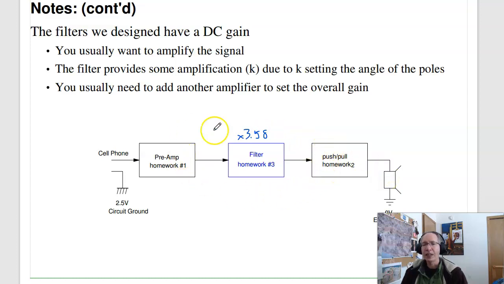I need a gain for the overall circuit. This part provides a gain of 3.58 free of charge, so you might as well use it. And just compensate by, I don't have to use as big of a preamp to get as large a signal to the push-pull amplifier. So again, if you have a DC gain for your filter, it's usually not a problem.